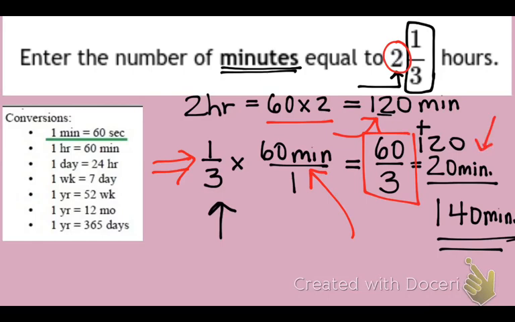Then I took that 20 minutes and added it to the 120 we already have to get our grand total of 140 minutes. Take it in pieces. Do the whole number, then do the fraction. Take the whole number, then add it to the fraction.